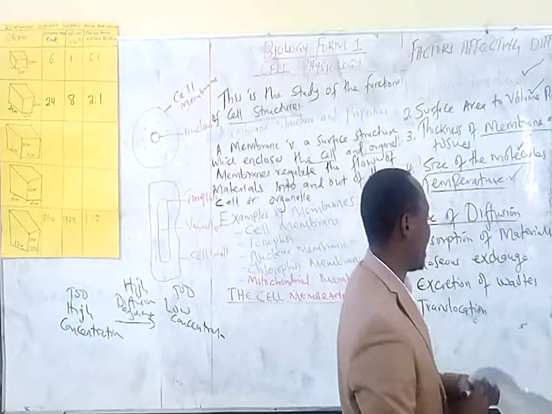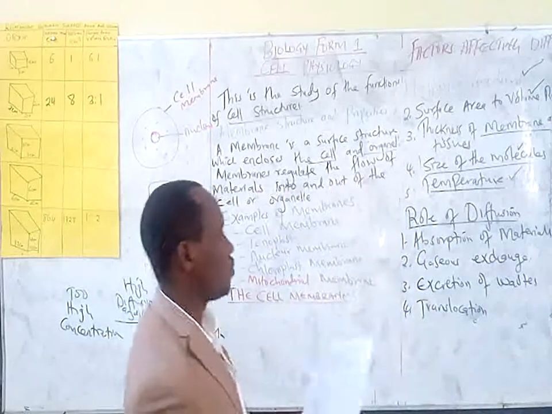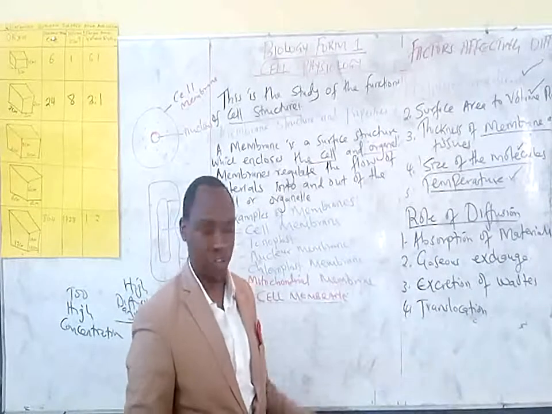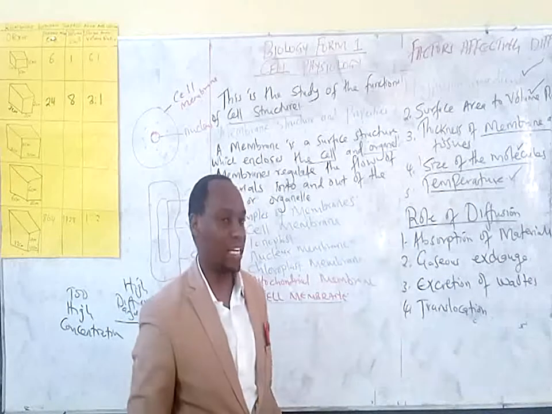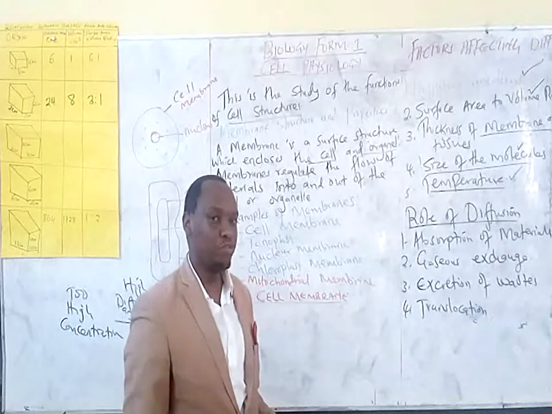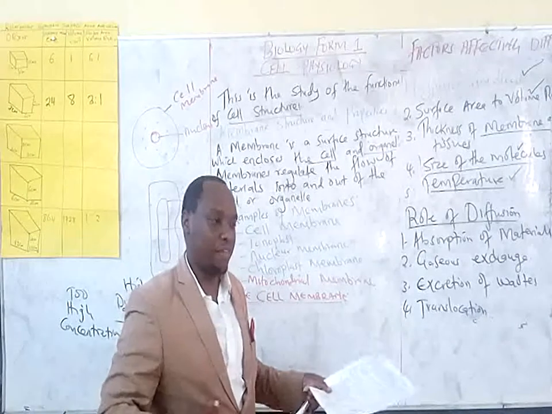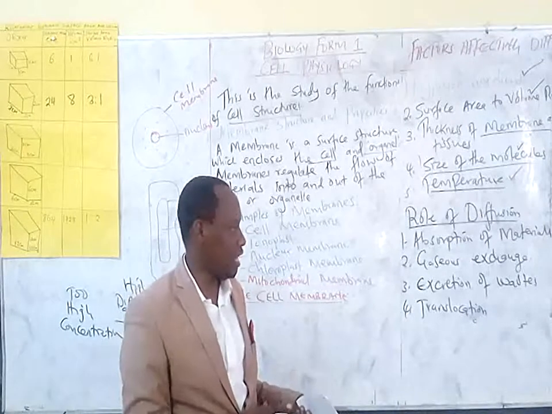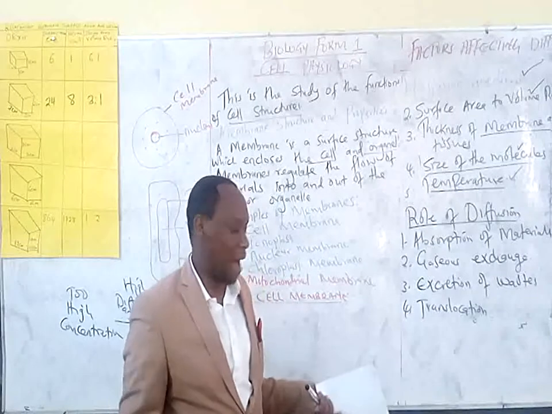Materials are absorbed, for example mineral ions are absorbed from the soil up the roots to the stem by what? Diffusion. The other one is gaseous exchange in plants and animals. When you breathe in, oxygen enters the lungs and the alveolus by diffusion, and carbon dioxide comes out of the lungs by diffusion.